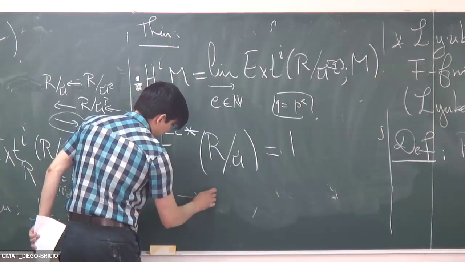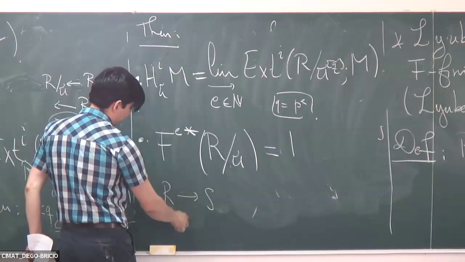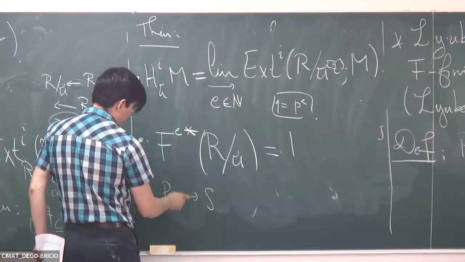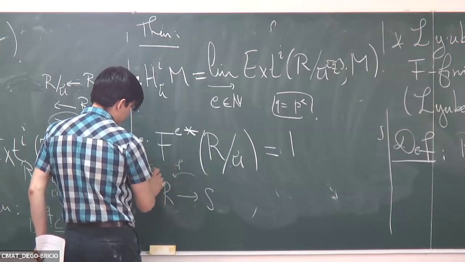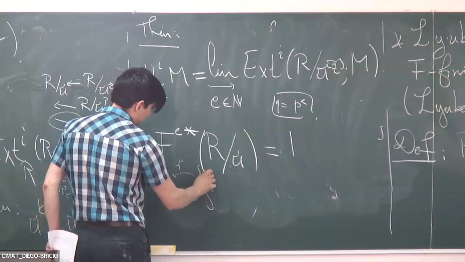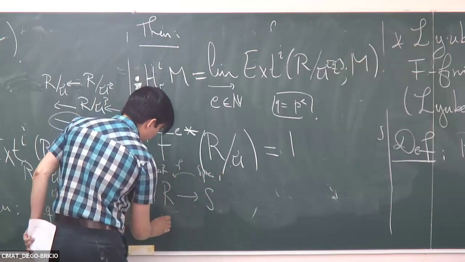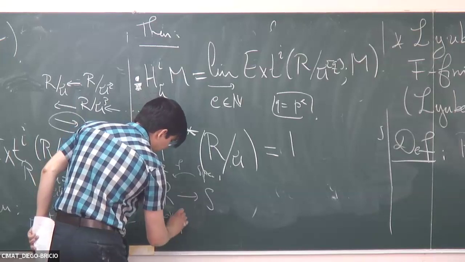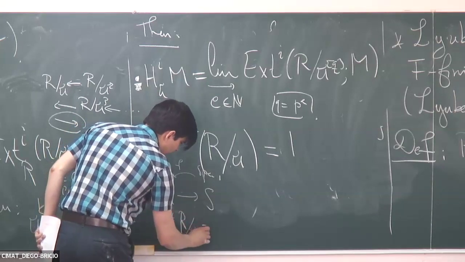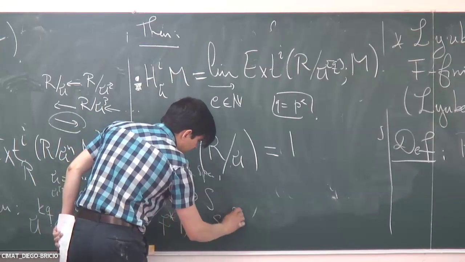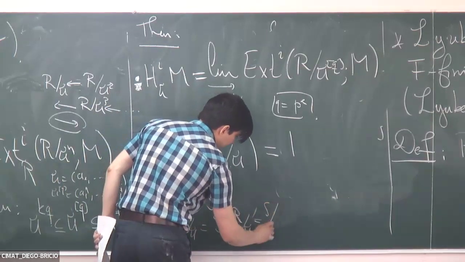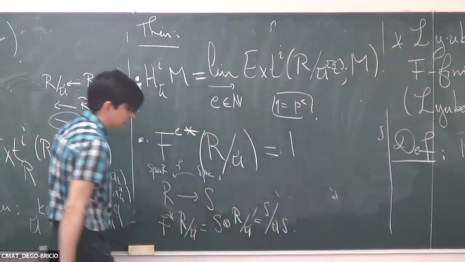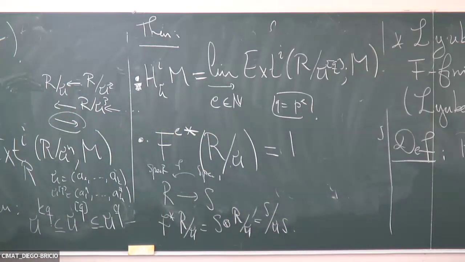But let's do the general case. If you have a ring homomorphism, which gives you an F on spectra, Spec S to Spec R, how do you pull back a module R modulo A? This is S tensor R modulo A, which is S modulo AS. So pulling back a cyclic module works like that.